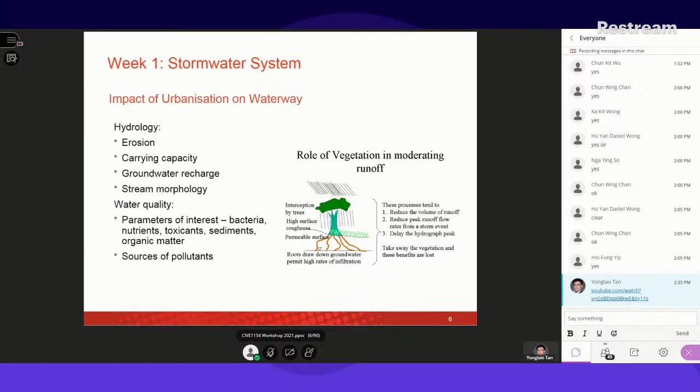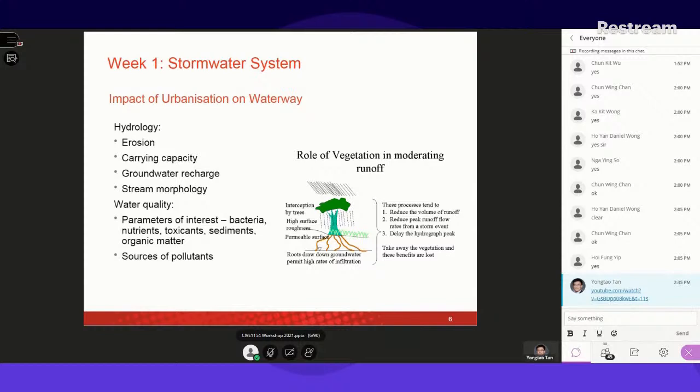If we cannot remove these pollutants in the runoff before releasing to the receiving water bodies, they will be released to rivers, streams and oceans, causing pollution to the water bodies. So this is the impact of urbanization on waterways.